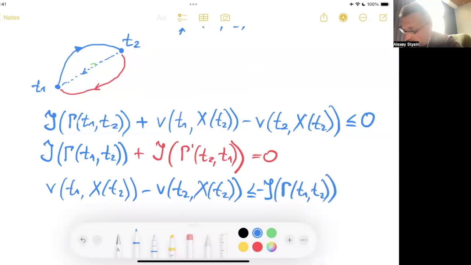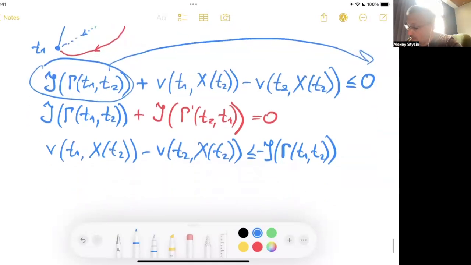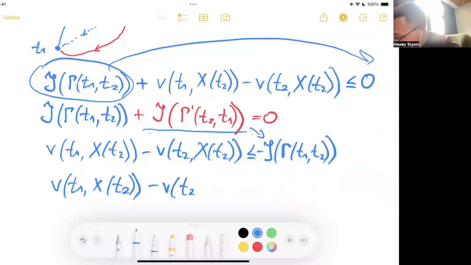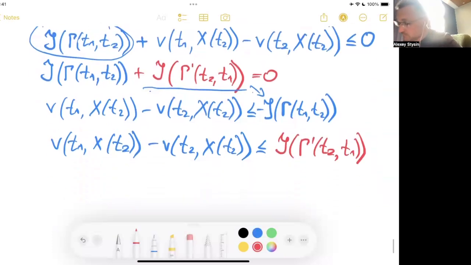So this is by just taking this and sending it here. And now using the second one, we are going to substitute it here. So we are going to end up with v of t1 and x of t2 minus v of t2 and x of t2 being less than or equal to our red integral over some path gamma traveling from t2 to t1.